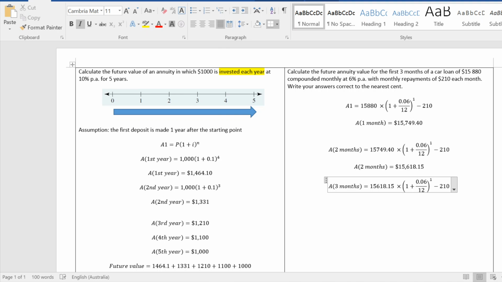So, putting that in, dotting the i's, crossing the t's, we get $15,486.24. It always wanted to the nearest cent, so that's how we're doing it. And there we go, guys. We can see how it's decreasing over time.